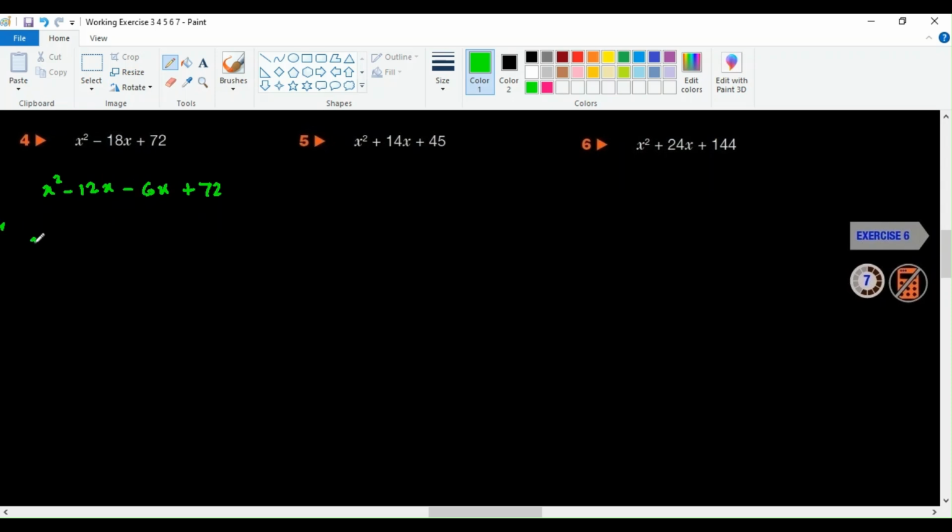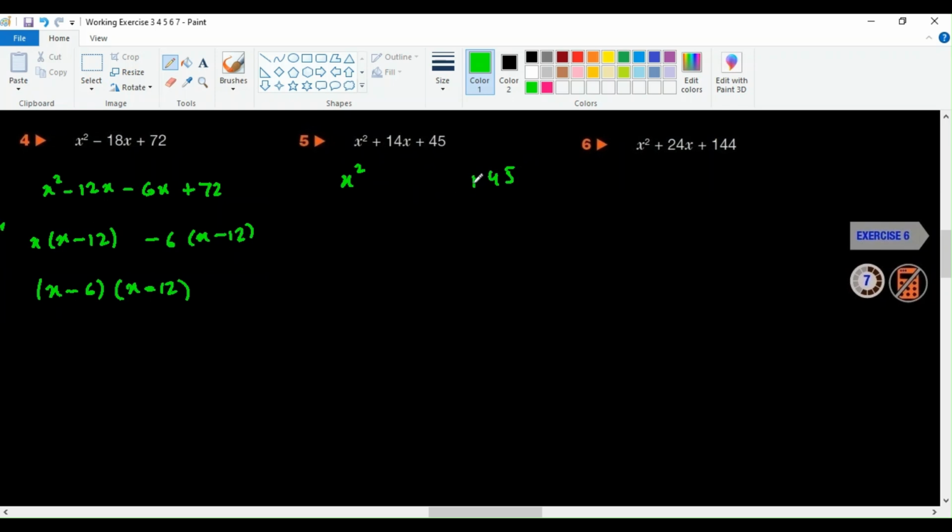So x minus 12 and x minus 12 comes like this, and minus 6 I will write here. So x minus 6 and x minus 12 are two factors. When it comes to 45, I know very well that 9 times 5 is the 45.